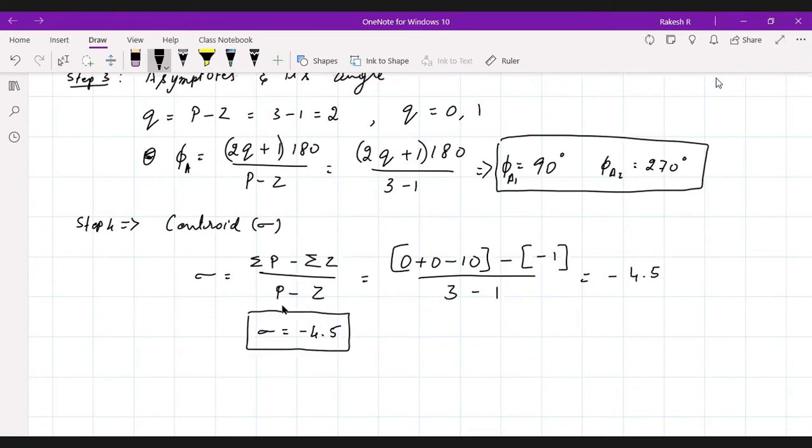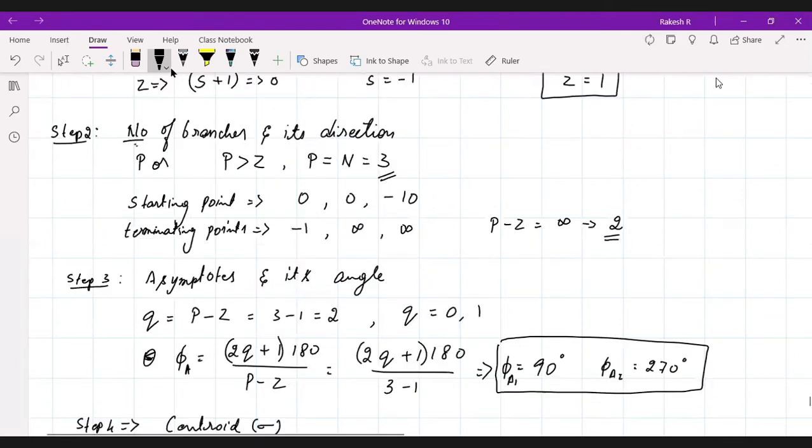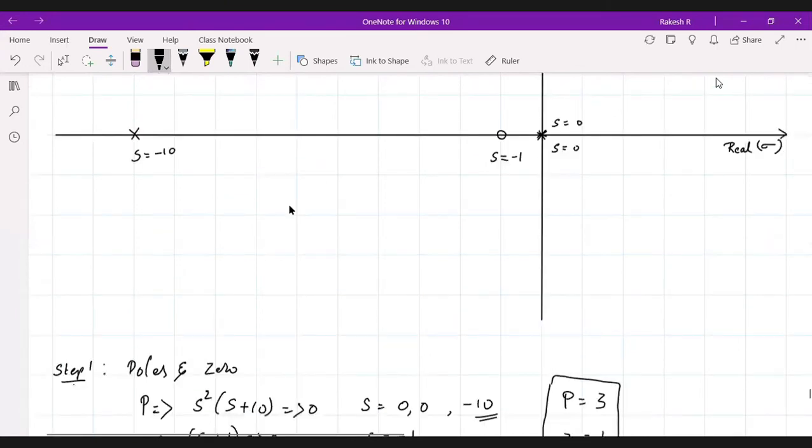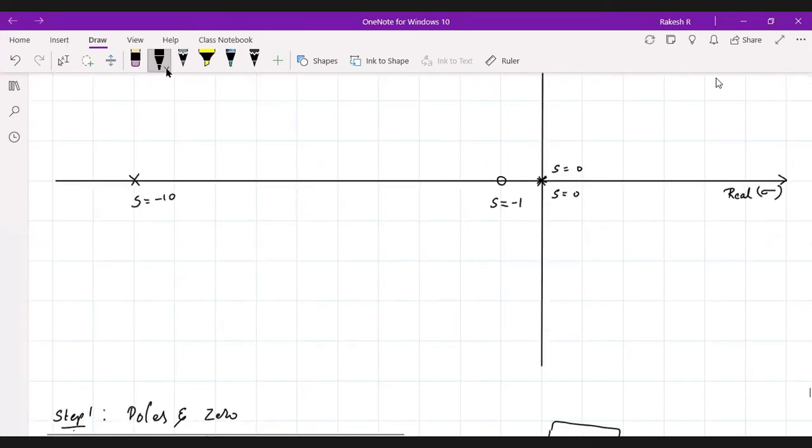Now we shall locate this in the S plane, minus 4.5, that is 1, 2, 3, 4.5 here. This is the centroid, equal to minus 4.5.